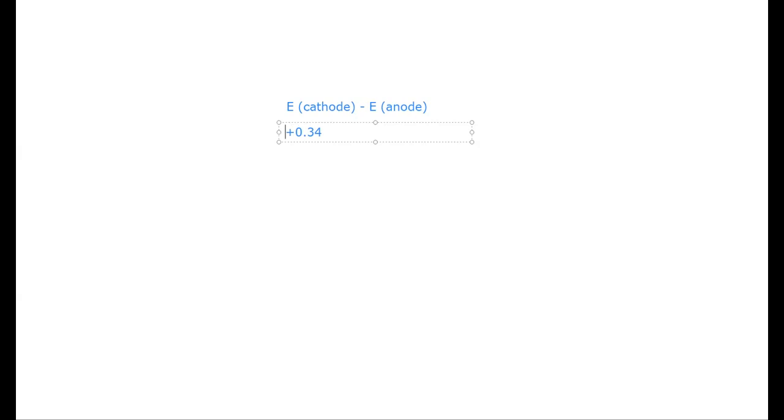It should have been 0.34 minus (negative 0.76), and what the answer technically should be, I put 0.75, it's 0.76.